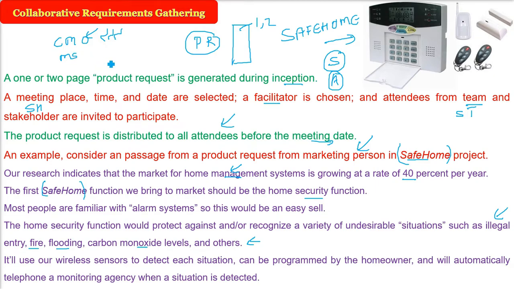If the monoxide level increases, or there is some motion in the night, it can detect it and give you an alarm so you know what is happening. The homeowner can program this, because he should be the sole user, and if something happens it will automatically call the emergency numbers. For example, in India we have 100, in the US and Canada we have 911. So the system should call by itself.